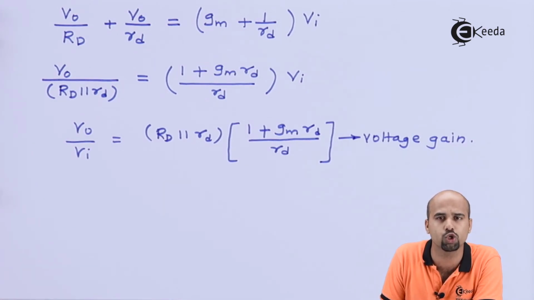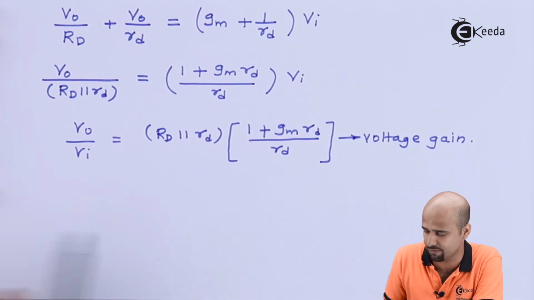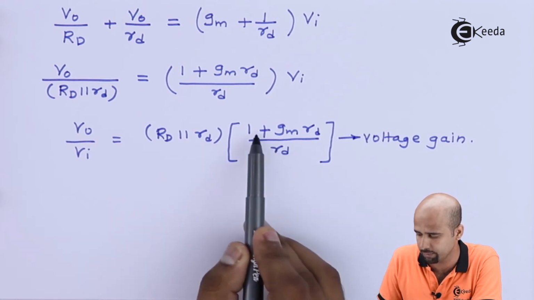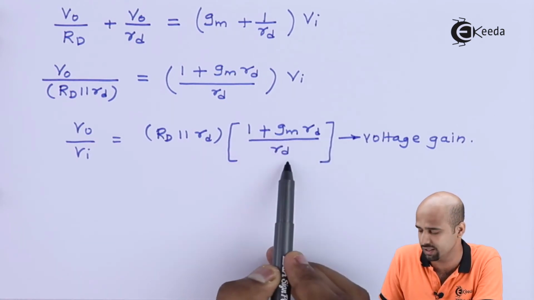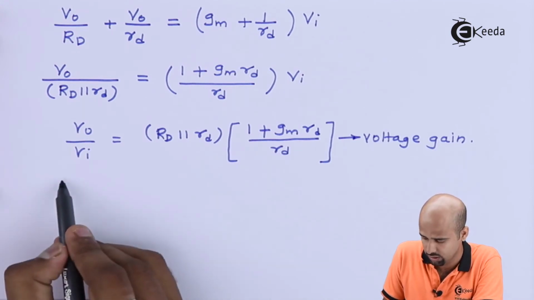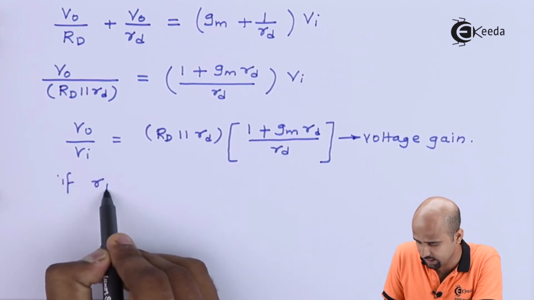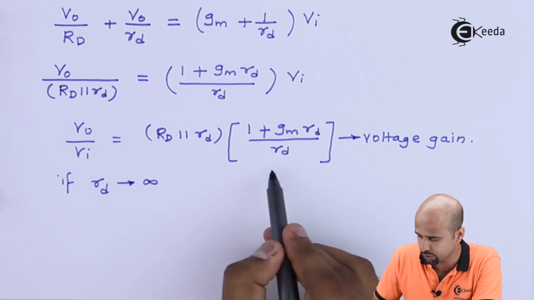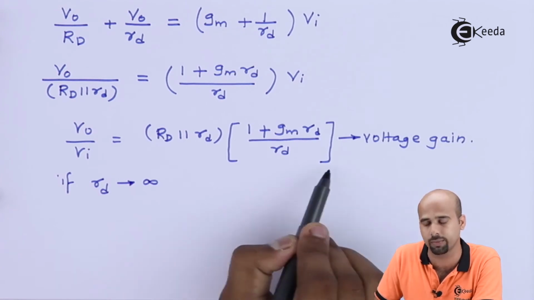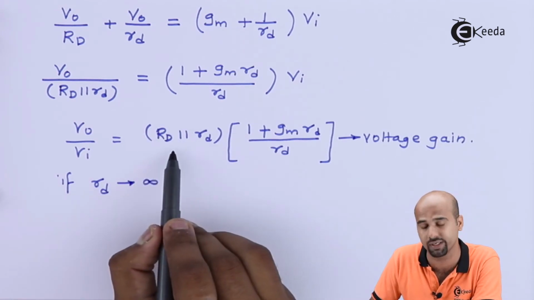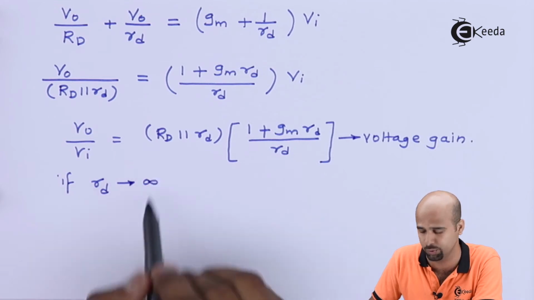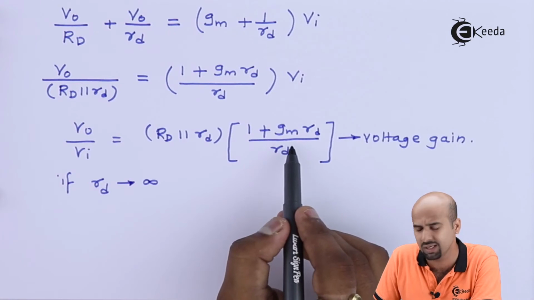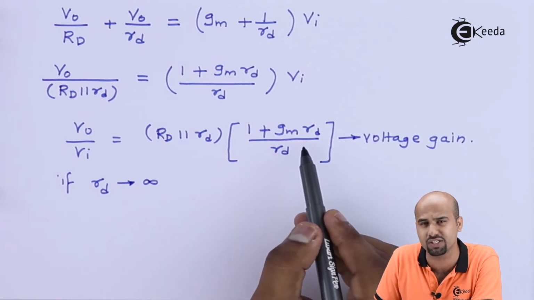I hope you also got the same answer as I have got here: RD parallel small rd multiplied by 1 plus GM RD divided by RD. Now if RD is tending towards infinity, we'll have to put the limit on this bracket, and then we'll be getting capital RD only. So if we apply the limit, we'll be getting only GM, and GM is a very small quantity.